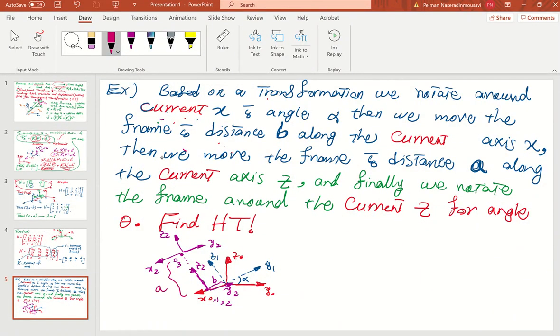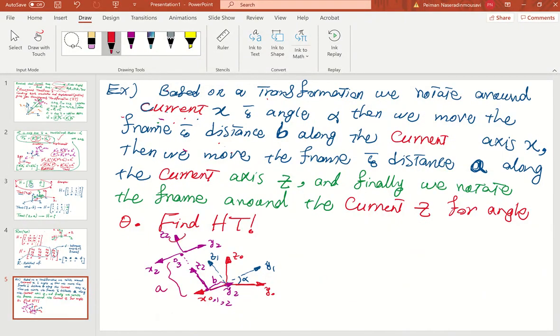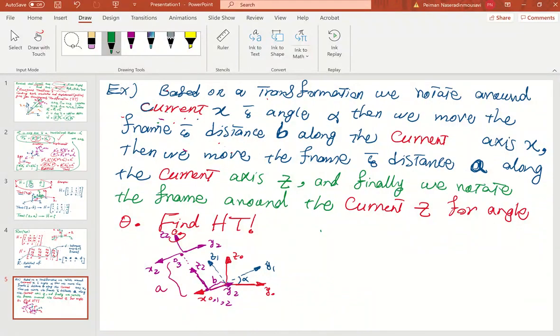And finally we rotate the frame around the current z for the angle of theta. So we have a rotation here, guys. Look at here, I'm changing the color. We have a rotation for the angle of theta. So I'm plotting the final frame that we get with green.